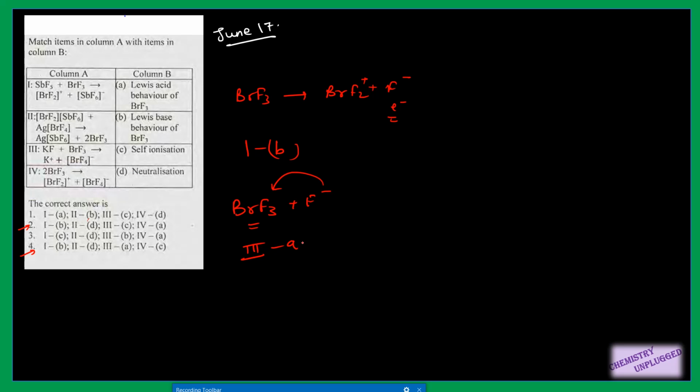So third will go with A, and self ionization is very obvious in this fourth one. We have studied this part in the solvent system theory of acid base, that BrF3, POCl3, N2O4 can all show self ionization. So fourth will go with C. So your correct answer will be fourth, not second. The correct option will be fourth, right?